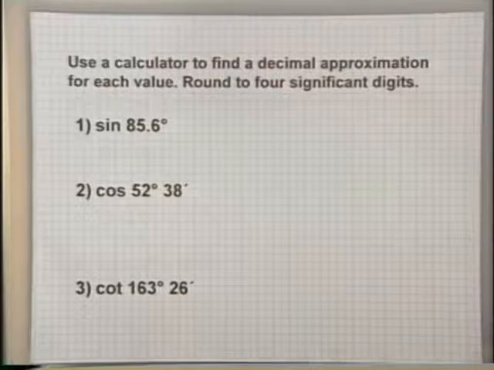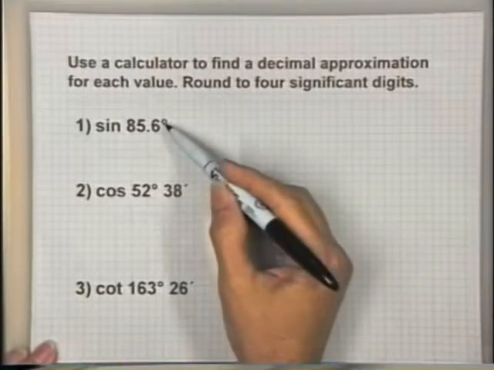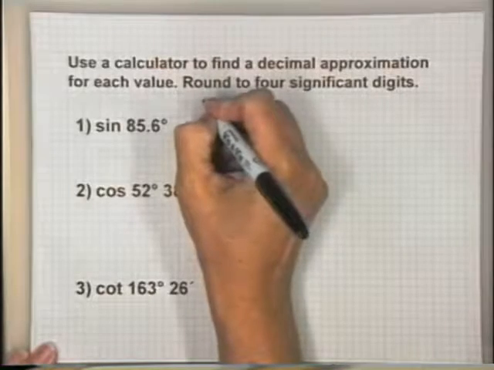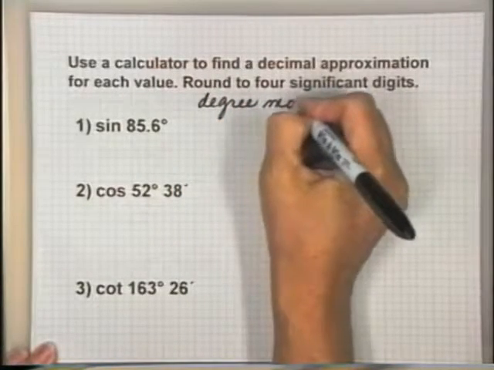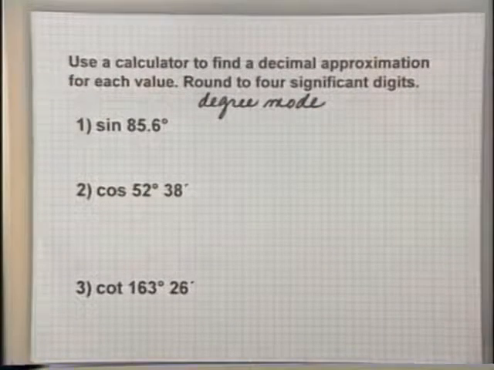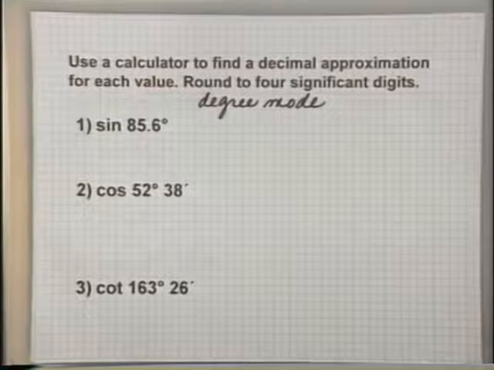Whenever you're looking for a trig function of an angle that's in decimal degrees or degrees and minutes, you've got to make sure that your calculator is in degree mode. Now, you know there are a lot of different calculators on the market today, but basically they operate like a regular scientific calculator or a graphing calculator.